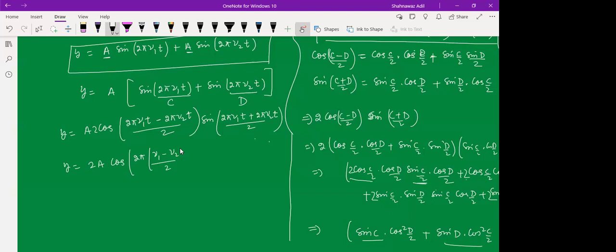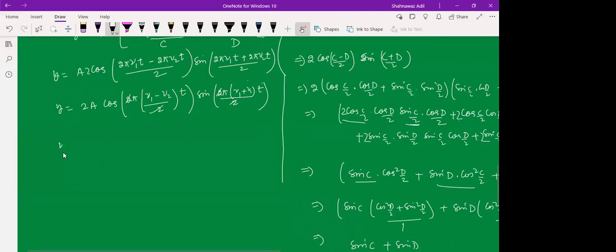And this 2 will cancel. And then again 2 will be common, and then we'll write pi by 2 and nu 1 plus nu 2. So again this will be cancelled. What we'll get?